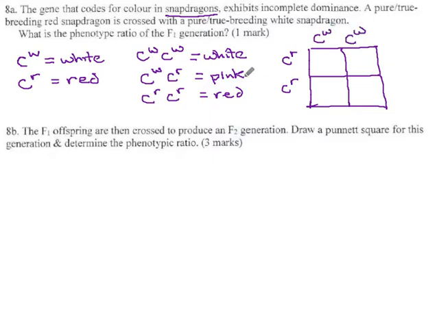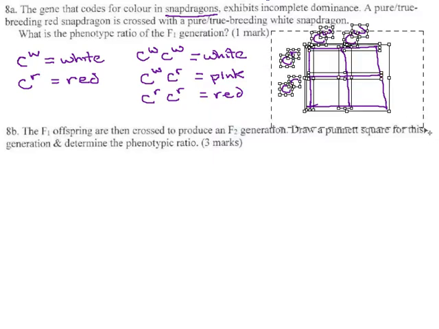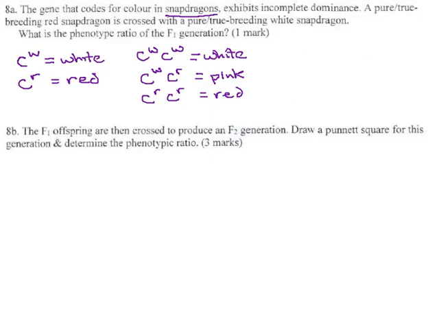Do you see why that's not exactly wrong, but way too much work? Both of these rows are identical. There's no need for both of these. And both of these columns are identical. Really, the Punnett square, if we're going to do one for this case, is ridiculously simple.